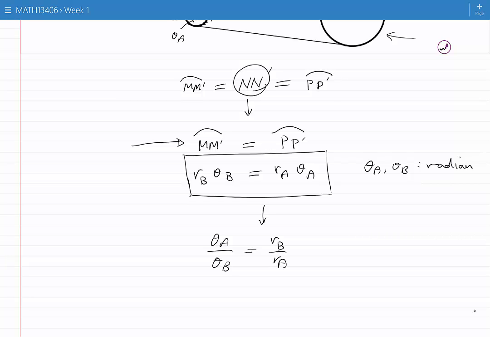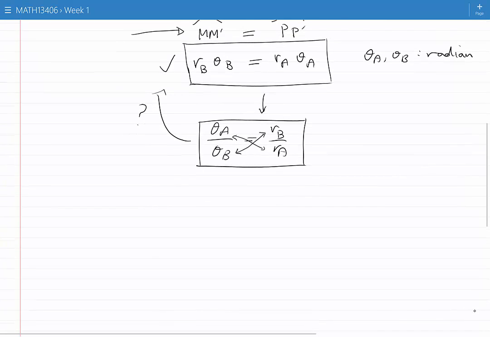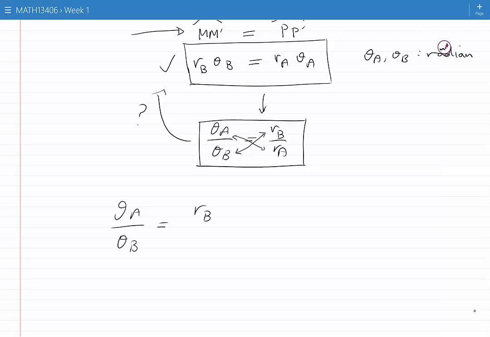To verify whether this equation is correct, you can go backwards by cross multiplication. Theta A times RA would be equal to theta B times RB, which is the original equation that we had. Therefore, it is correct to say theta A over theta B is equal to RB over RA.